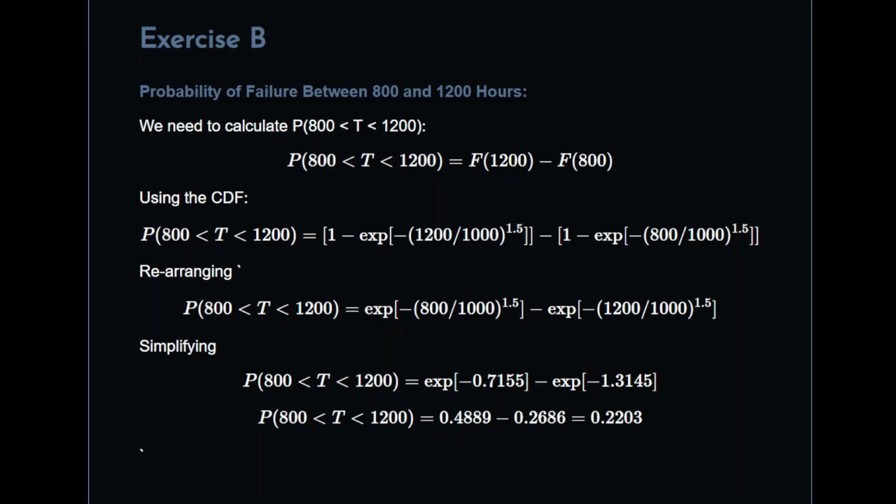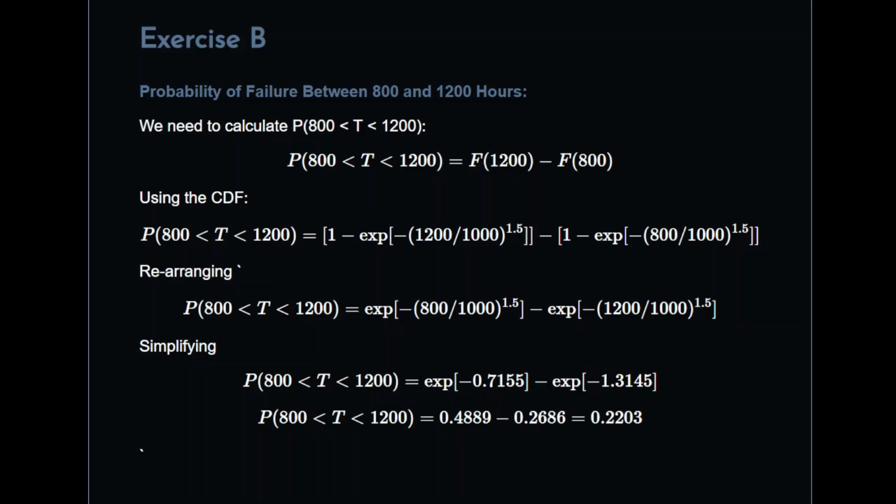So the second question, calculate the probability of failure between 800 and 1200 hours. Essentially we use the cumulative distribution function again. To calculate that interval probability, we subtract from the cumulative distribution function of the upper bound, which is 1200, the cumulative distribution function of the lower bound of the interval, which is 800.